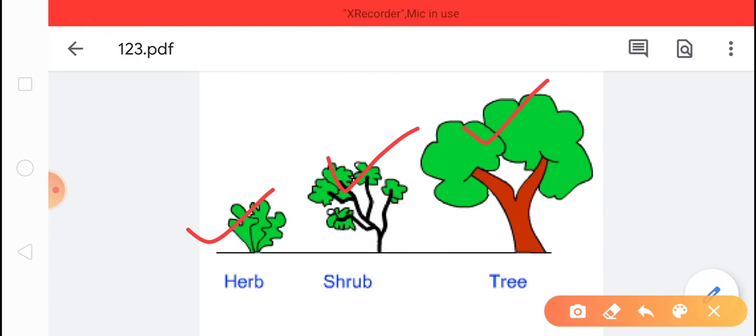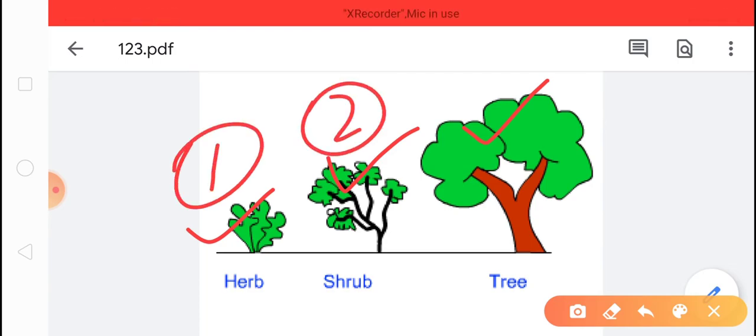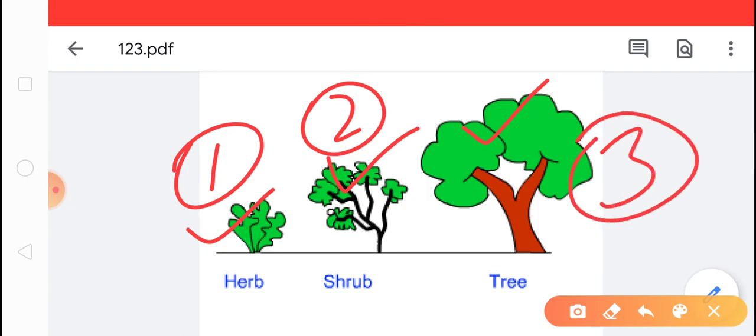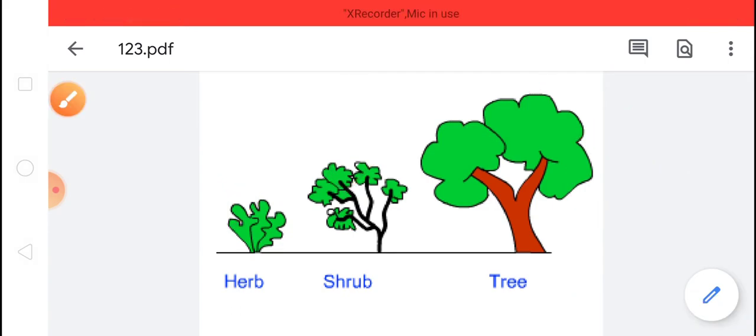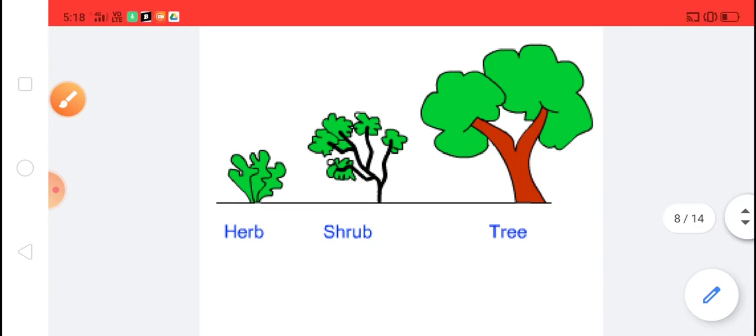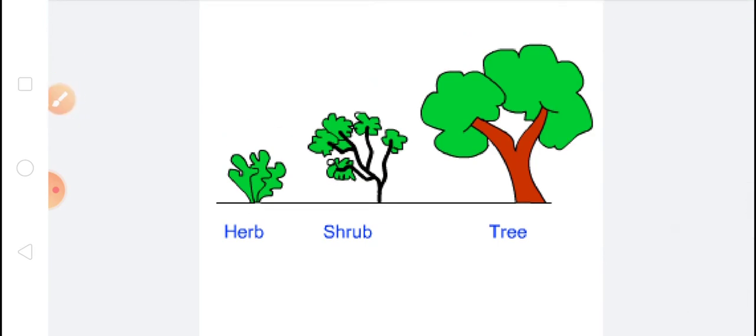Herbs are very small plants, medium sized plants are called shrubs and very tall plants are called trees. In this way, classification of plants takes place on the basis of their height and nature of the stems.